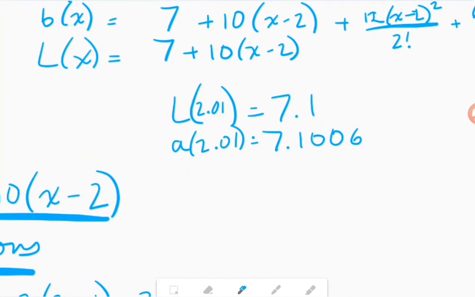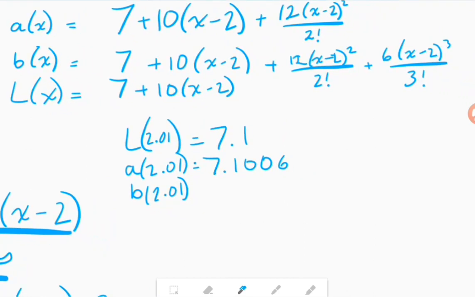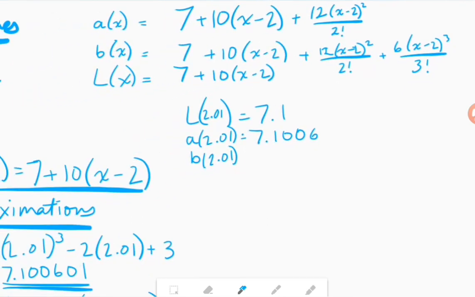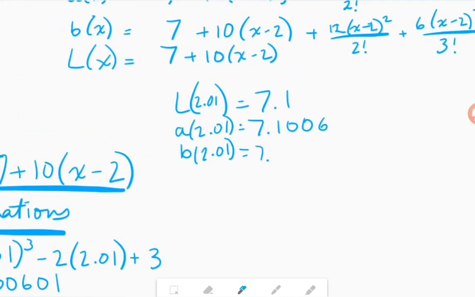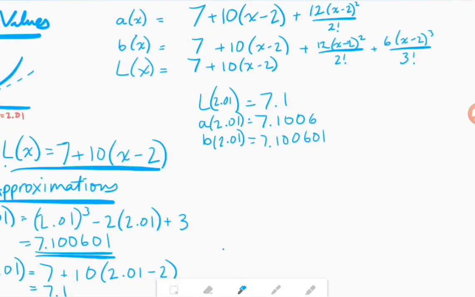And then as we saw in Desmos, when I had b, which was my cubic polynomial, the two graphs overlapped, and I had an exact approximation, which makes sense because b is a cubic approximation, and my original function was also cubic, right? So that turned out to be 7.100601 on the dot. So yeah, I think we've established that as we add powers and go on further and further, we get a closer and closer approximation.